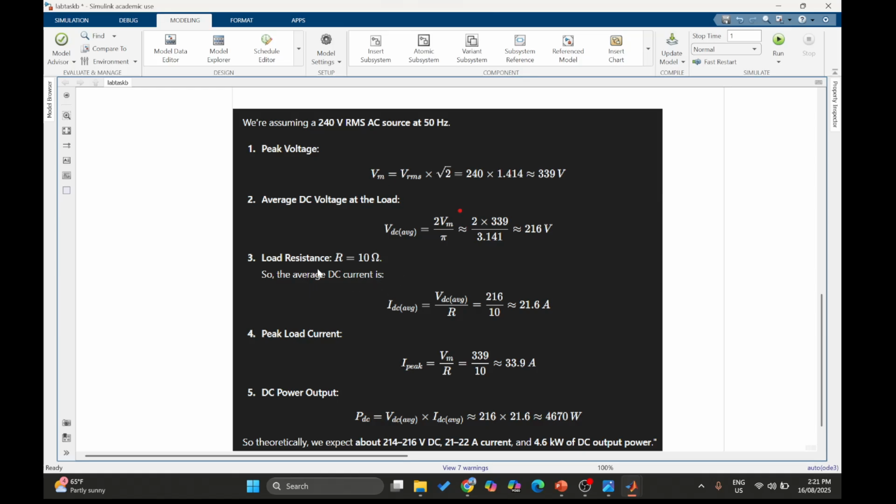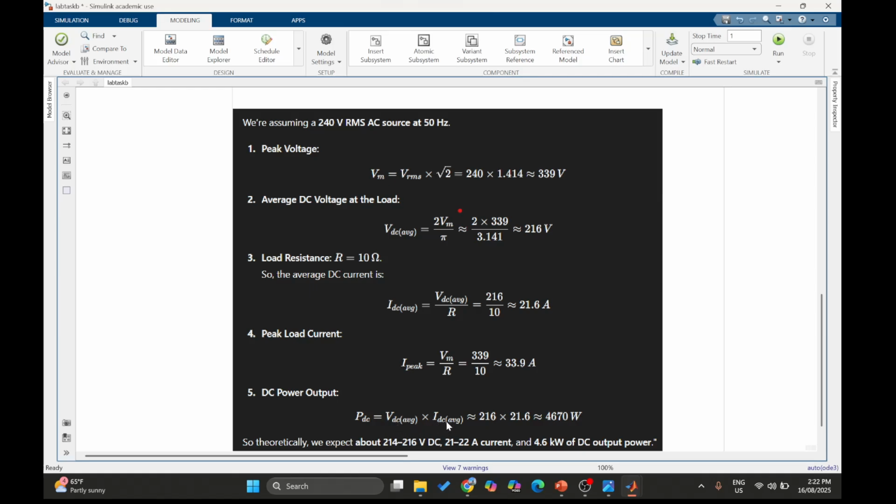Then using the load resistance of 10 ohms, I can calculate the IDC, which is an average IDC, and I'm getting 21.6. And similarly, I can calculate the peak current of VM divided by R, which is 33.9. And after finding the VDC and IDC, I can find the output DC power, which is just a product.